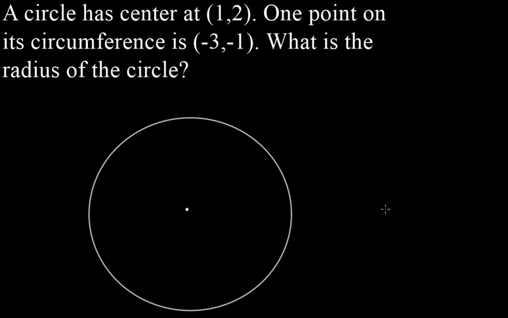We're given the coordinates of the center of the circle. So the center of the circle is at 1, 2. And one point on its circumference is negative 3, negative 1. Let's say this is the point. And we're asked to find the radius of the circle.